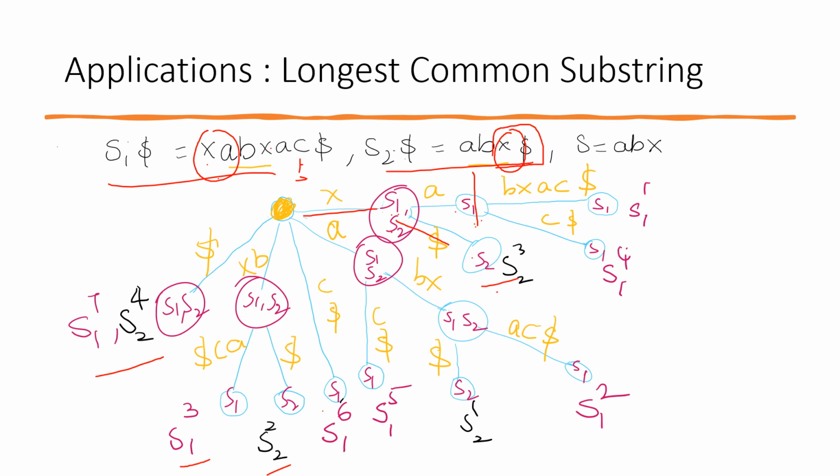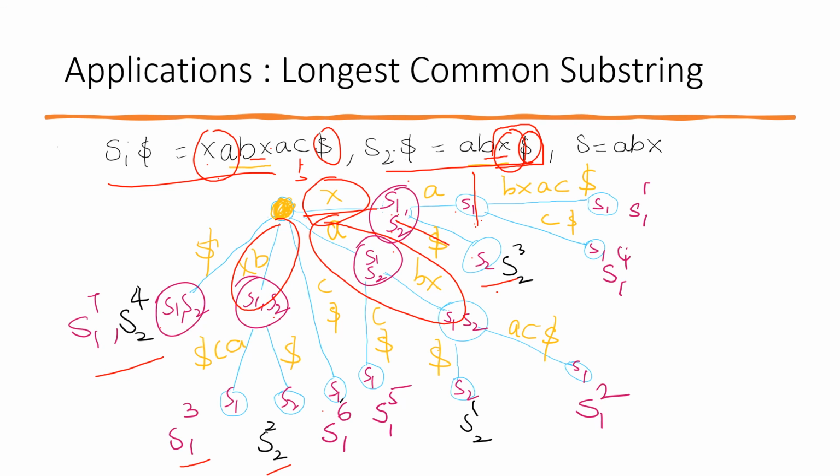When we find the S1 and S2 parts, this one is only S1, and S1 S2 here for ABX, and S1 S2 for BX. Sorry, it's BX. So here we have BX again, and here we have dollar again, common.